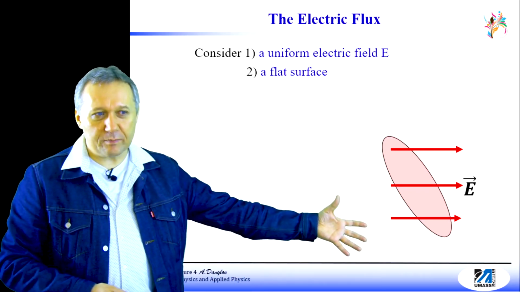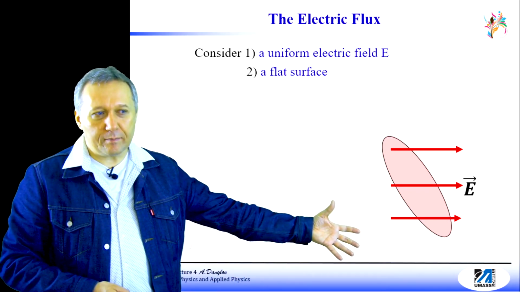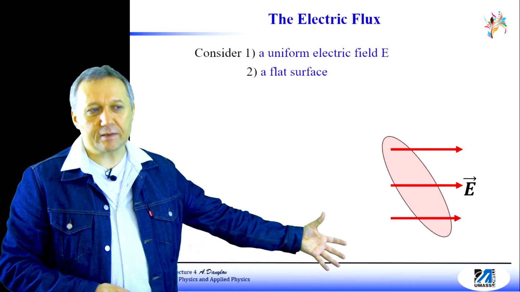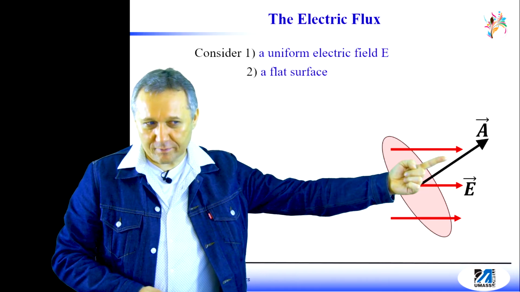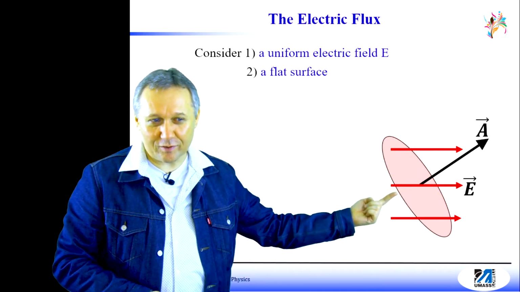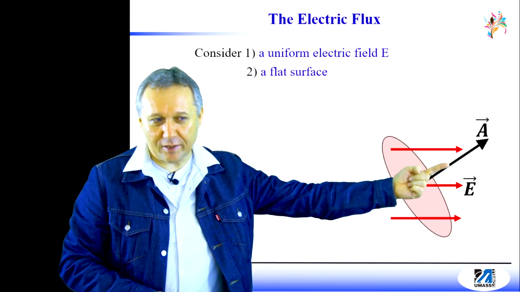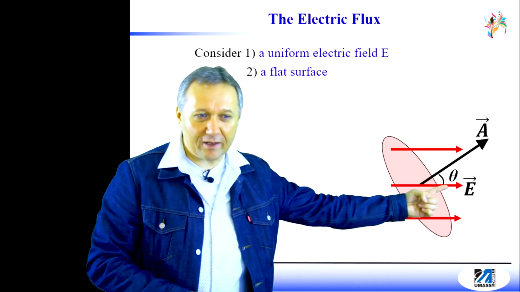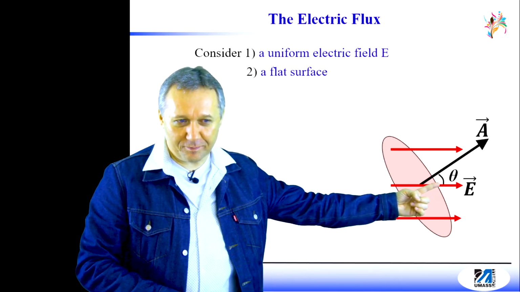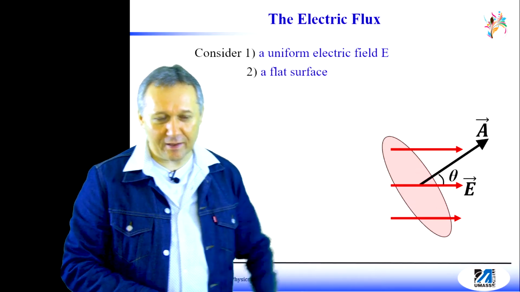So for this simplest situation, mathematicians introduce electric flux in this way. All right, of course we can draw the area vector, since we just introduced it. Okay, I pointed it in that direction, in the direction of the electric field. This will be the angle between these two vectors, electric field and the area vector.